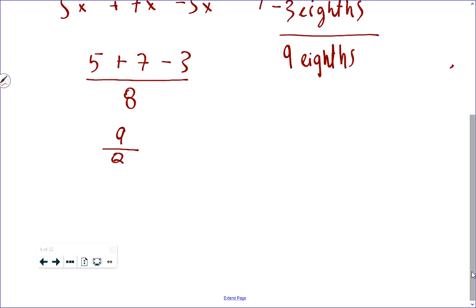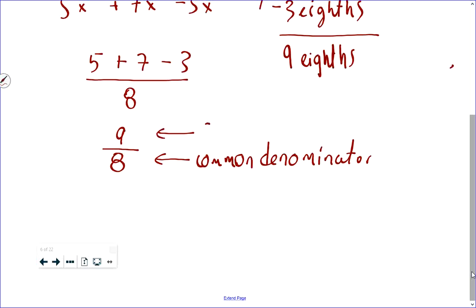So what is the rule? Common denominator, sum/difference of the numerators.